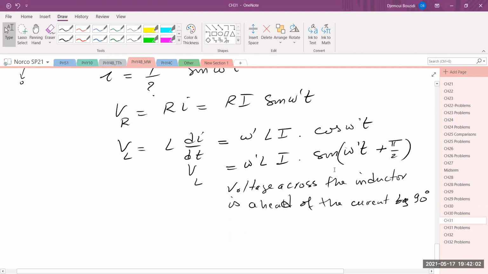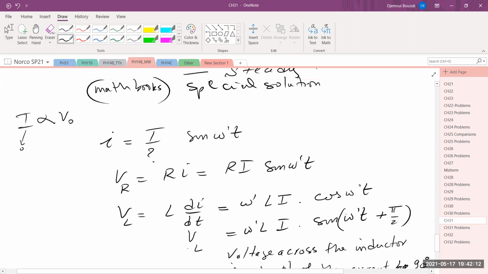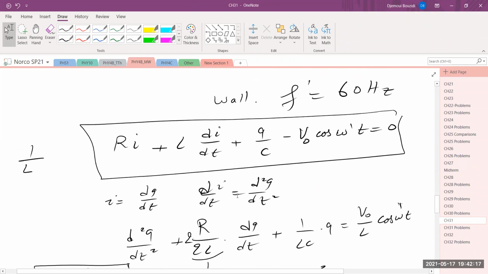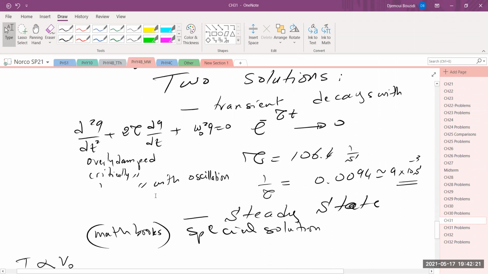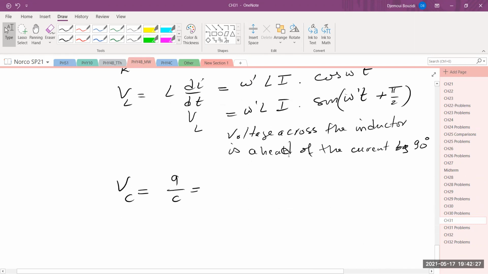Okay. Now I need to do the same thing to find the voltage across the capacitor. The voltage across the capacitor is Q over C. And Q, remember, is the integral of the current, because I is equal to dq over dt. So I really need to integrate this sine to see the expression for it.